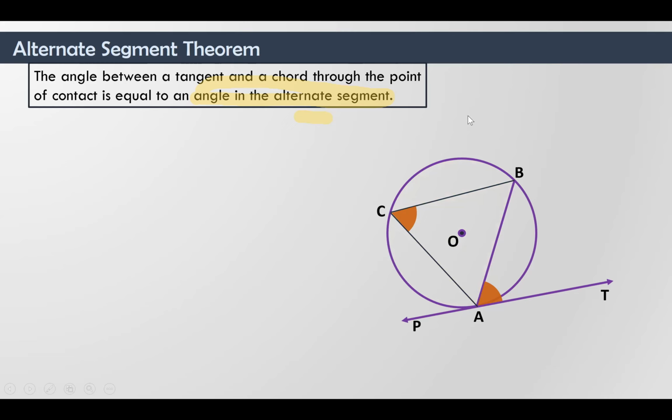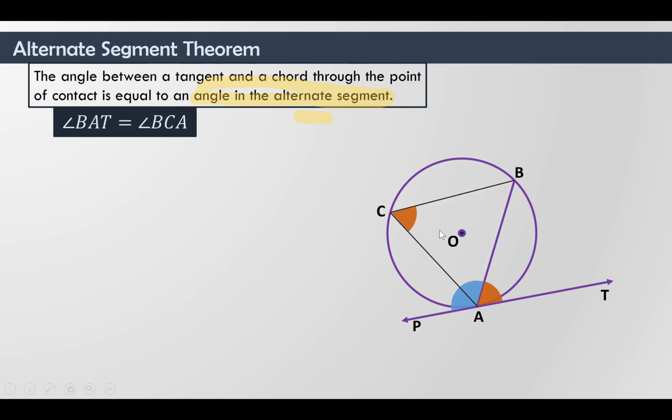Now if we talk about another angle formed between the chord and the tangent, that is angle BAP, then this angle covers the left hand side segment of the circle, that is the major segment of the circle.